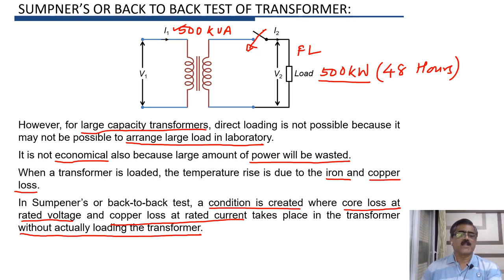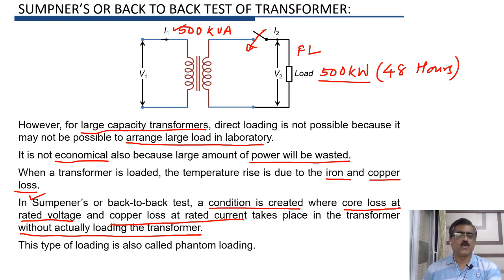So, there is no need of large size load, and the power consumed for testing is also less. It is only equal to copper loss plus iron loss in transformer, and therefore for determination of temperature rise we have to use Sumpner's or back-to-back test, where full load condition is created without actually loading the transformer.